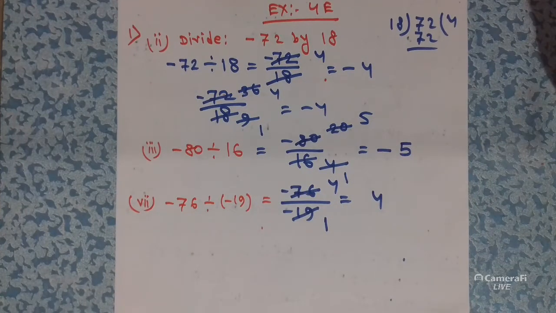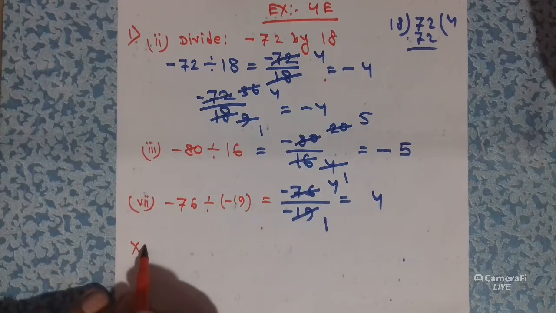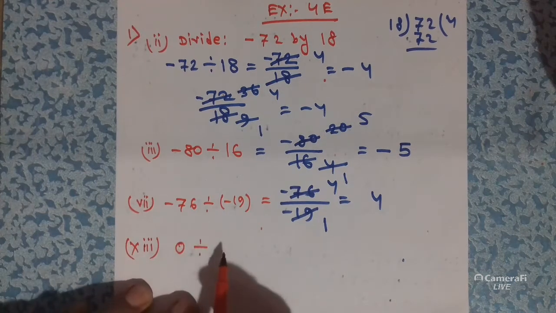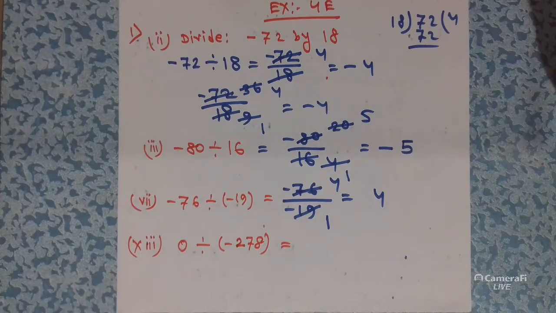And today's last problem. This is the last problem for this video. 0 divided by minus 278. Students, always remember, as I told some time ago, that if we multiply 0 with any number, the result is 0.